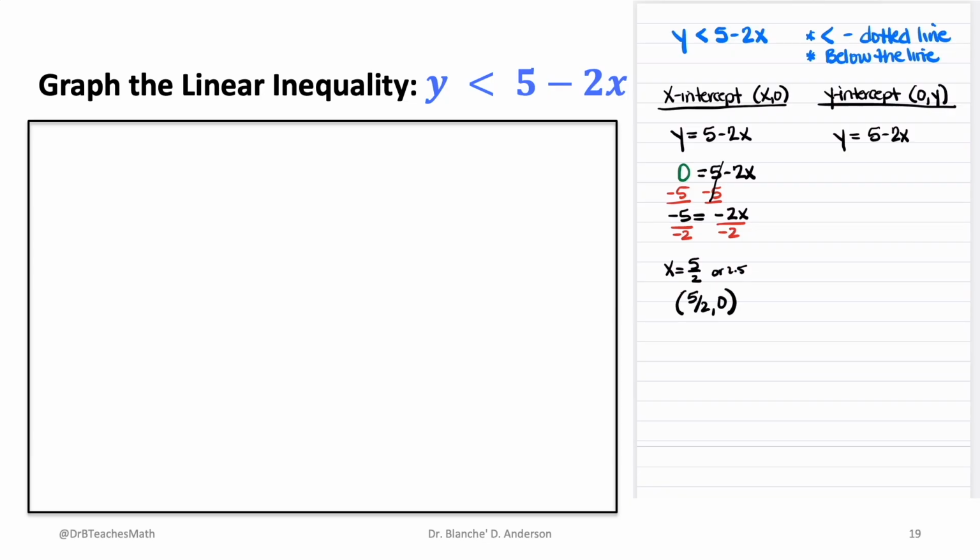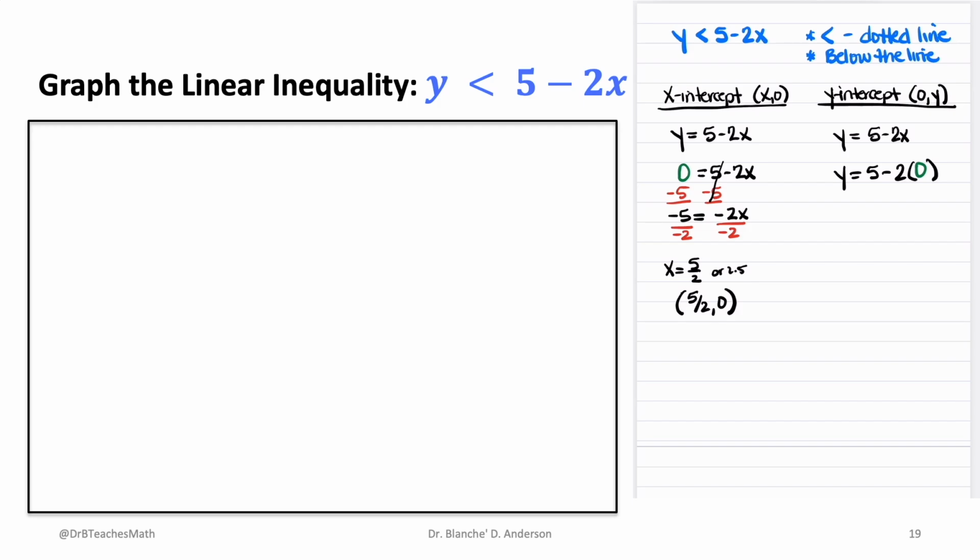Now let's find the y-intercept. That's our other point. We're doing this so that we can graph the line. We know it's going to be a dotted line, and this is our inequality, but we need to graph it. So on this particular side, we're going to set x equal to 0. So here, my x is 0, because I need to solve for y, right?